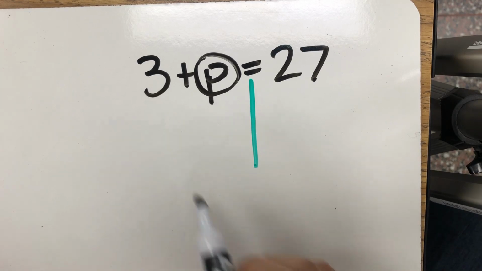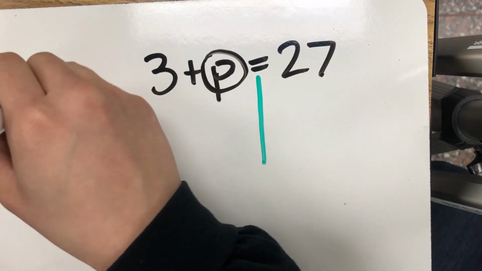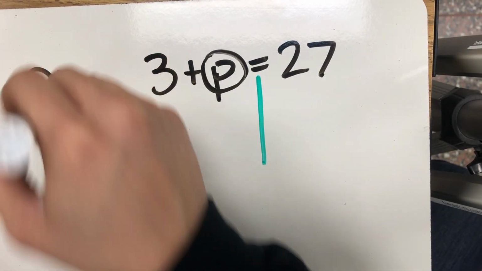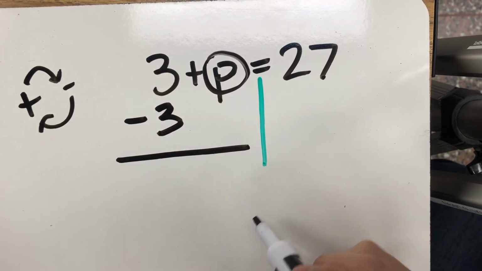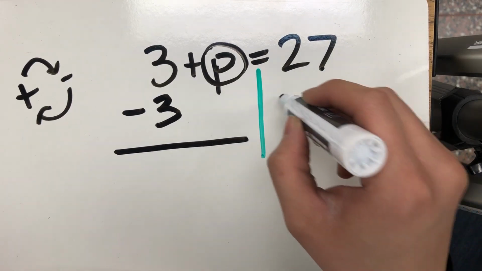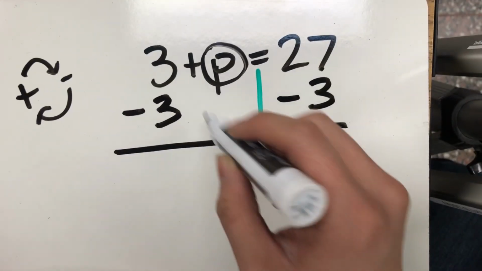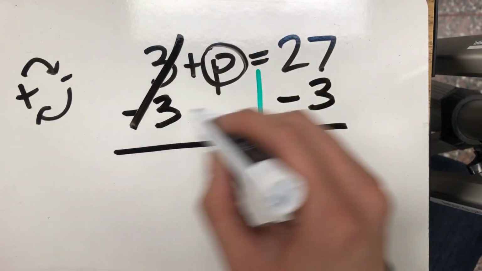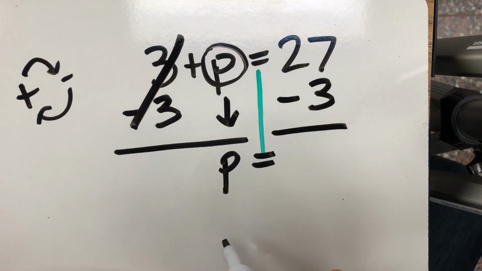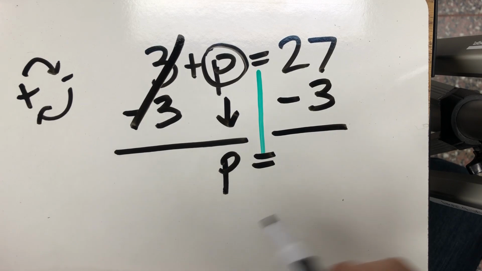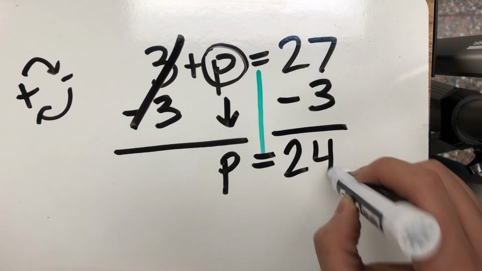What is the opposite of a positive 3? The opposite of a positive 3 is a negative 3, so I'm going to subtract 3 from this side. Well, we got to keep our equation balanced, so I will also subtract 3 from this side. 3 minus 3 is 0, so all I'm left with is this p, and p equals 27 minus 3. You can type that into your calculator, and it will give you 24.